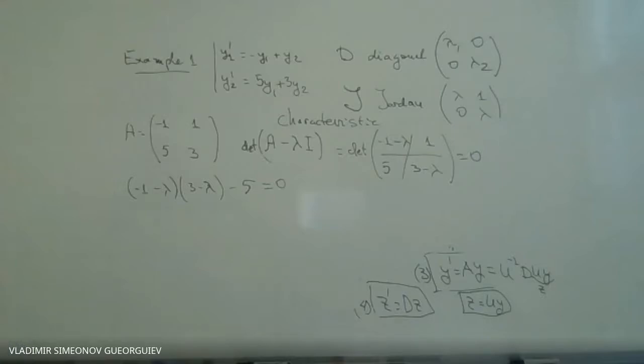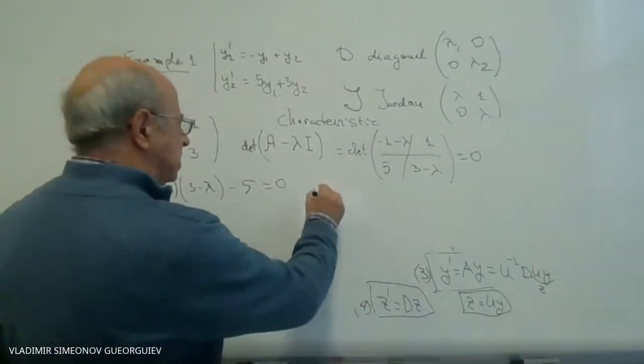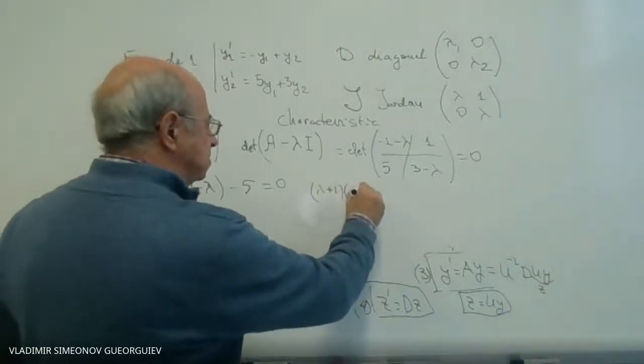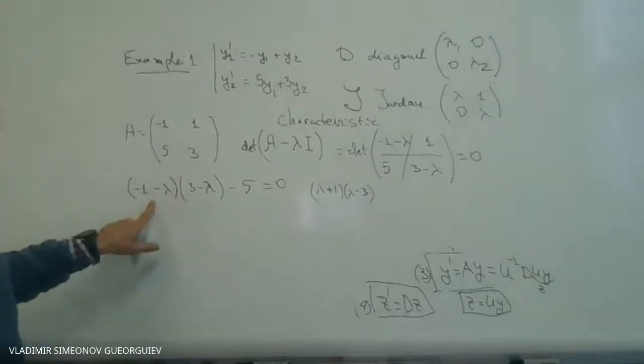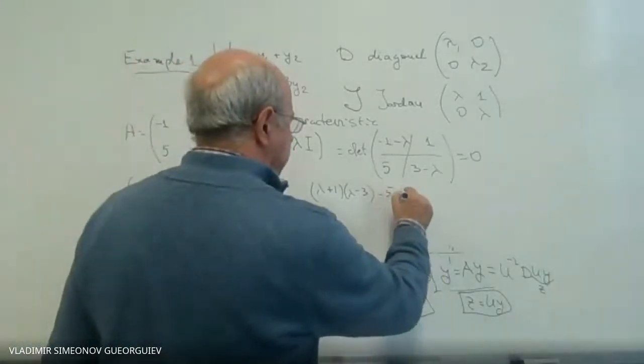So we have, I can write this as lambda plus 1 times lambda minus 3. I change signs in both factors, so this will not change finally the sign, and minus 5 equals 0.